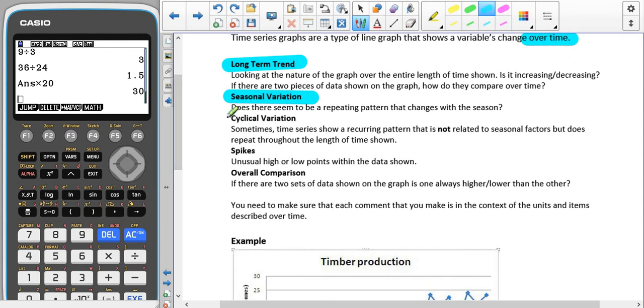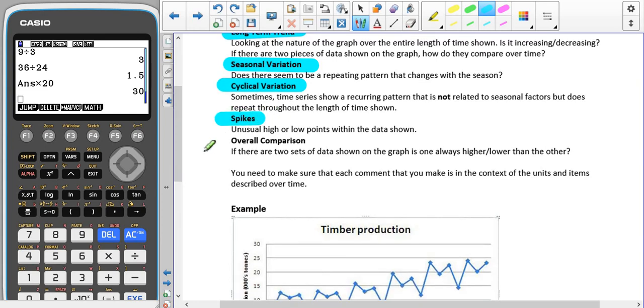We also have cyclical variation, and this is where something's changing over time but it's not related to seasonal factors. So we could have where it's up, down, up, down, and that's not necessarily due to seasonal variation, it could just be a cyclic variation.